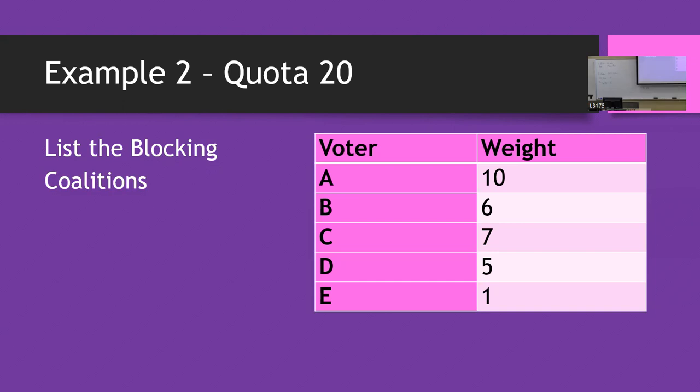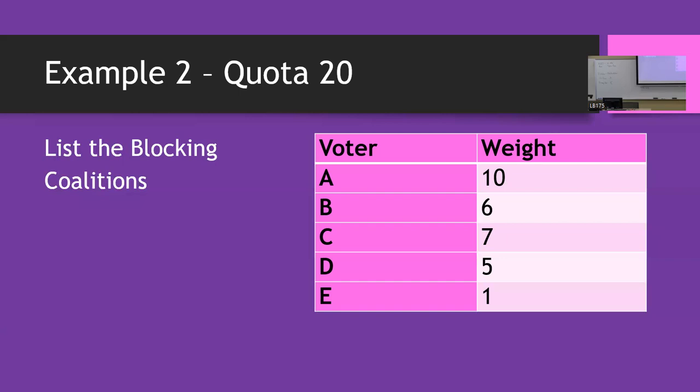Does that make sense? Why? Every group that forms 10 votes would form a blocking coalition. And there's going to be a lot more groups that together have 10 votes.